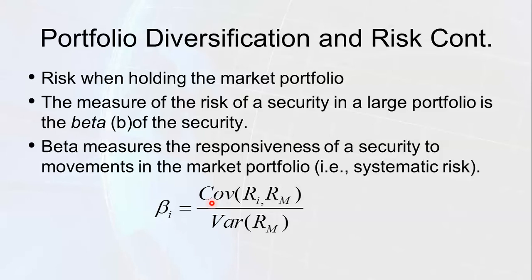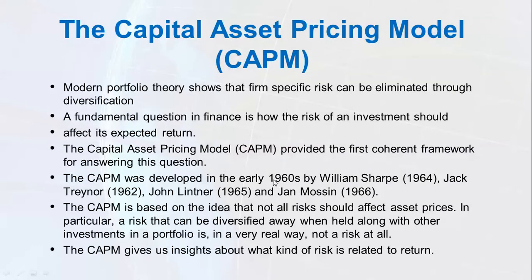Okay, so beta is the measure of risk, a measure of portfolio risk, a measure of systematic risk. So modern portfolio theory shows that firm specific risk can be eliminated through diversification. CAPM uses the same theory. Firm specific risk is eliminated, so only systematic risk is left.